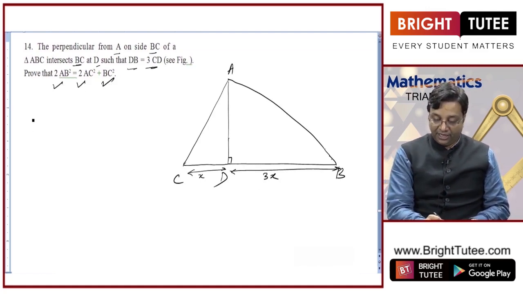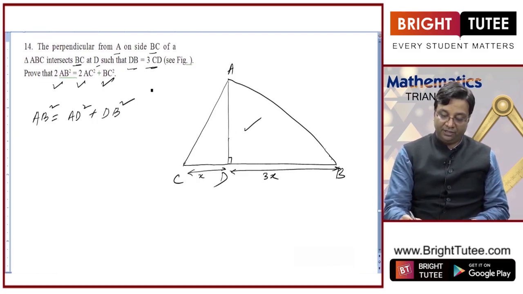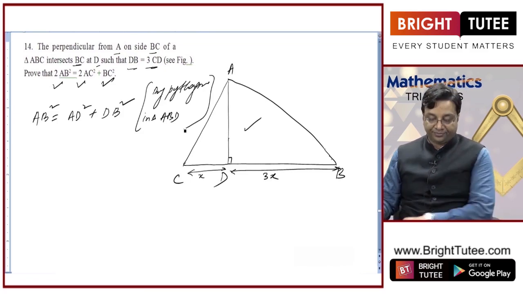All right. So, I require AB square first. AB square is equal to, in this triangle, AD square plus DB square. Why? Because by Pythagoras theorem, in triangle ABD, right.